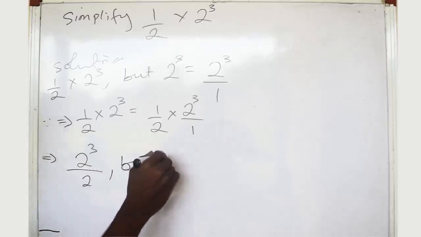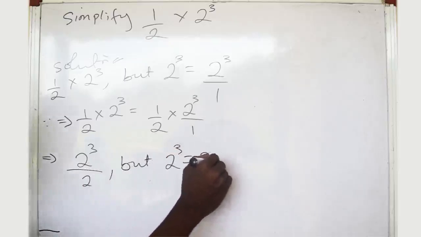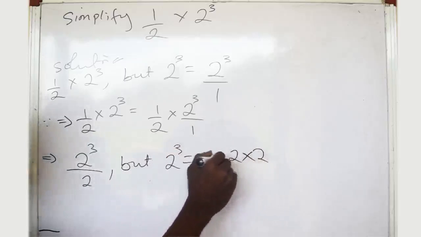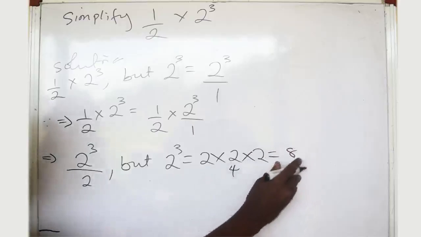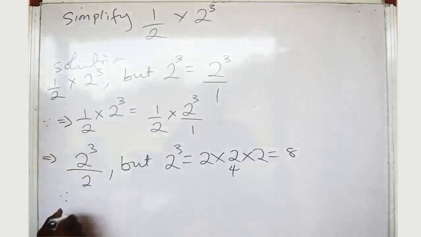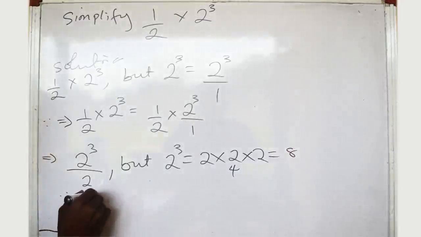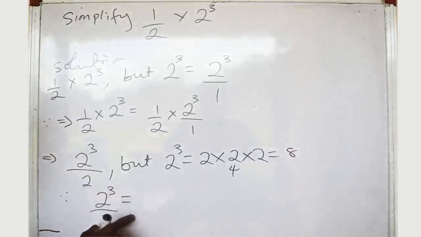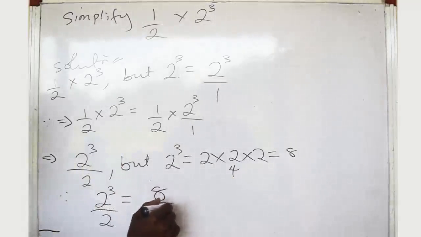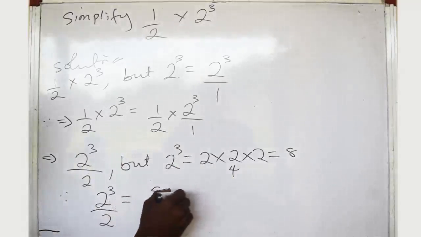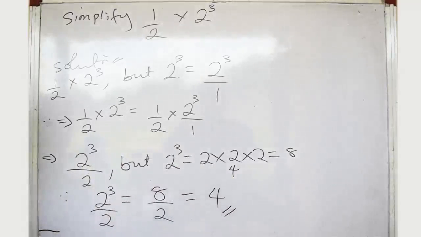But you know that 2 raised to the power 3 means repeat this 2 to the value of the power. 2 times 2 is 4, 4 times 2 is 8. Therefore, 2 raised to the power 3 all over 2 is the same thing as saying, since 2 raised to the power 3 is 8, we write down 8 divided by 2. 8 over 2 is nothing but 4.